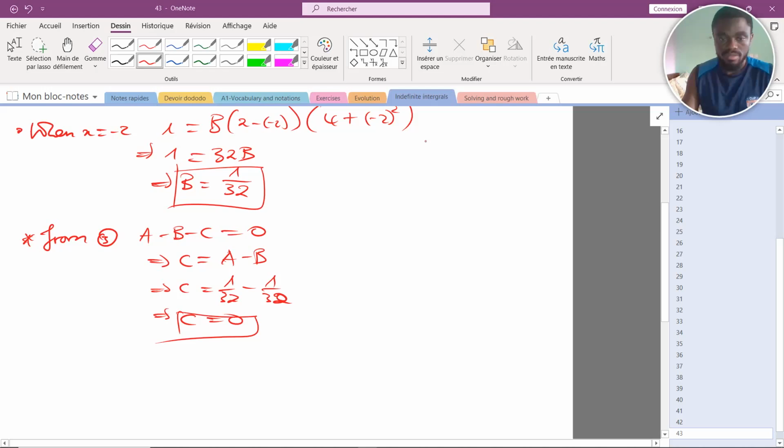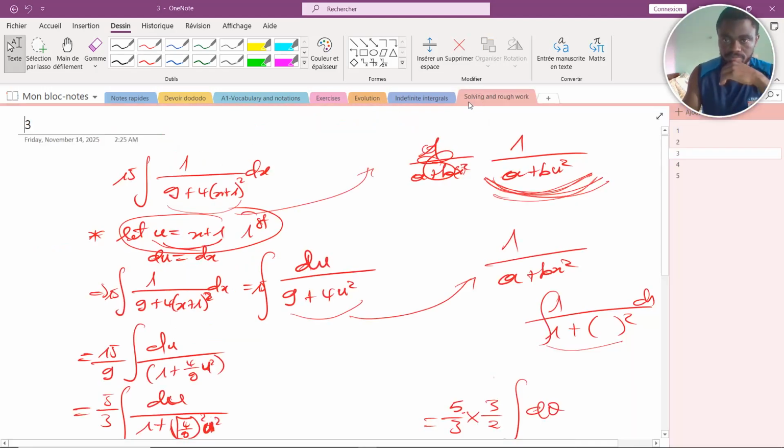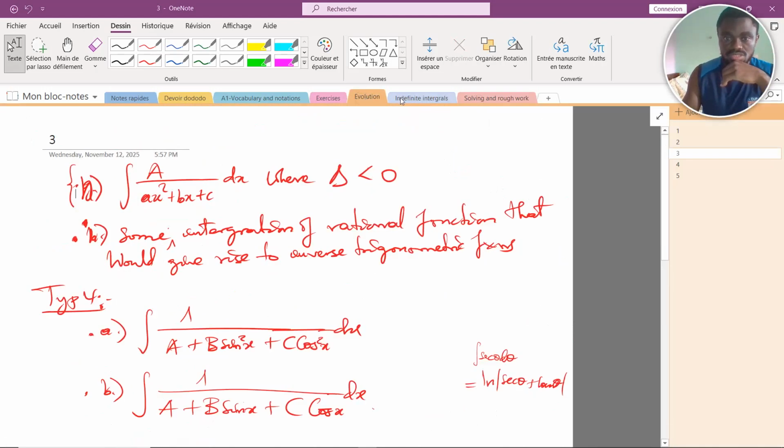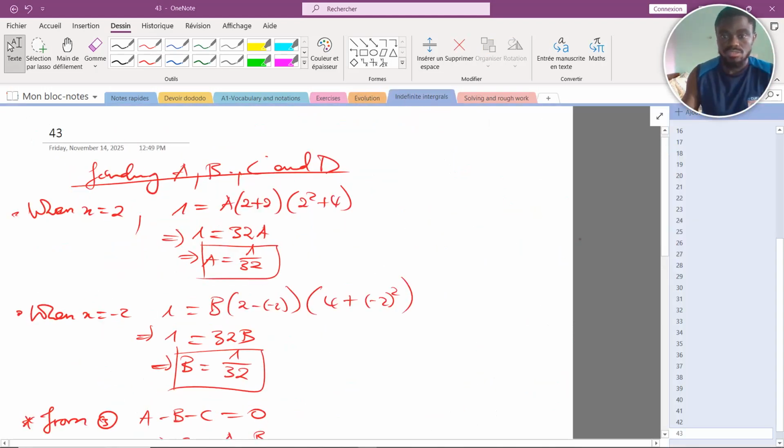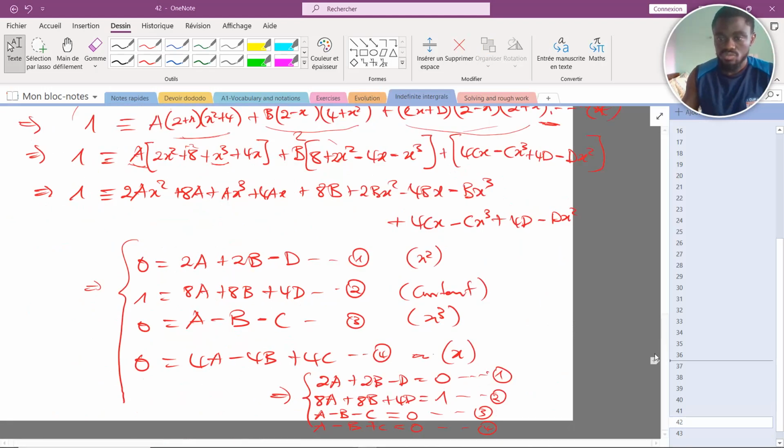Let's now find d. How can we find d? When you look at this equation, you have 2a plus 2b minus d equals 0.